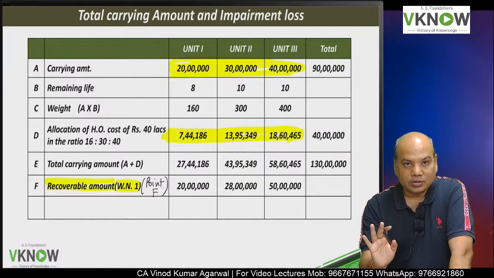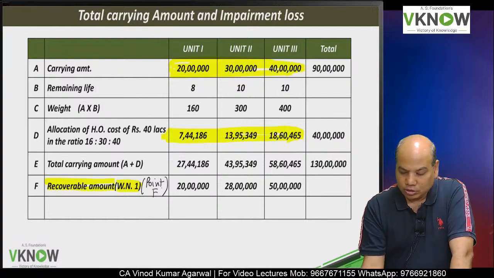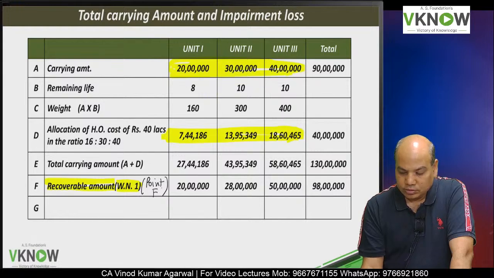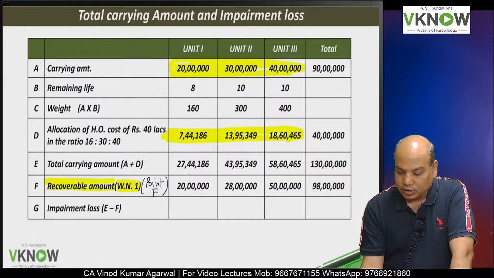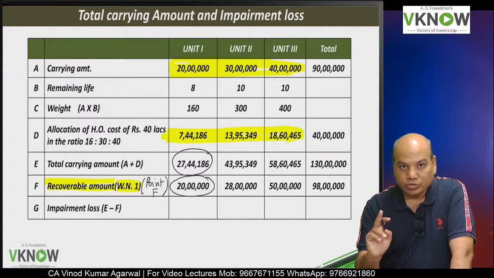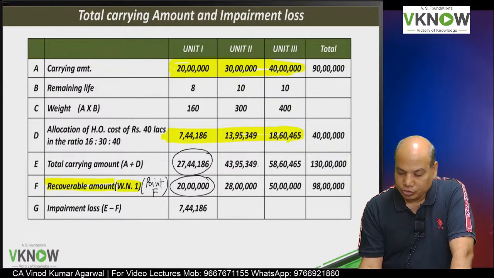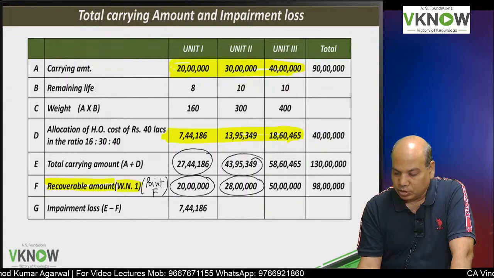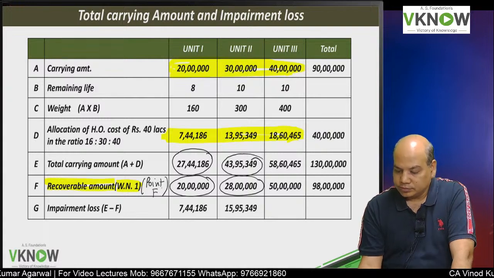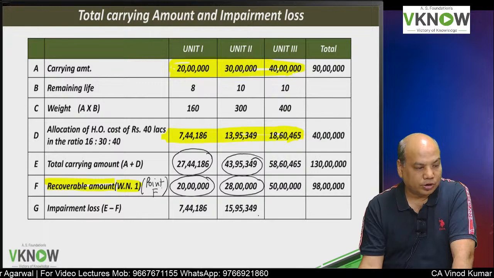Now let us check whether there is impairment or not. For Unit 1, total is 98 lakh. Unit 1 carrying amount is more, so there is impairment loss, 7,44,186. Unit 2 carrying amount is more, so there is an impairment loss. Take the difference, 15,95,349.